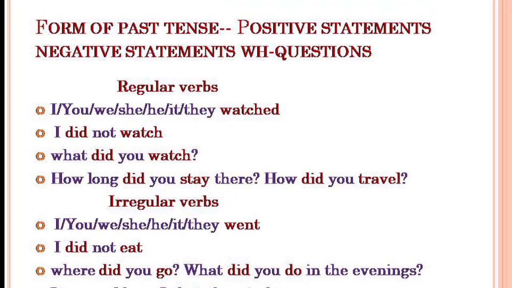Now, form of past tense. Passive statements, negative statements, WH questions, with regular verbs and irregular verbs. The simple past tense in regular verbs is formed by adding ed to the infinitive or root form of the verb.